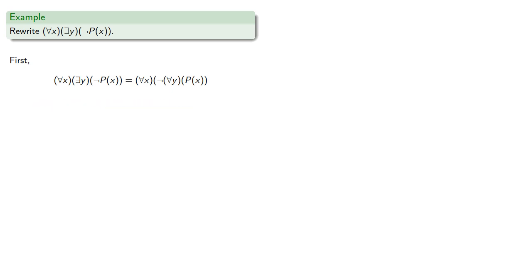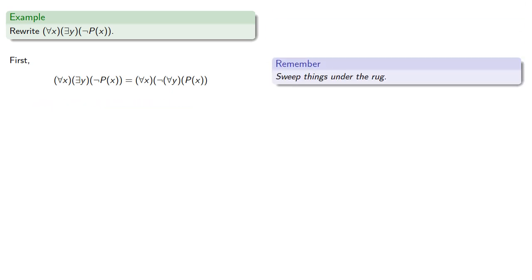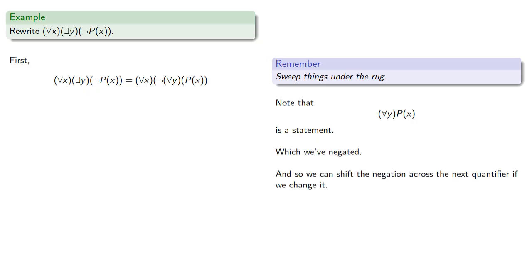But what now? Note that this term here is a statement. That's the whole point of using quantifiers, and we've negated the statement. And we know that we can shift a negation across the next quantifier if we change it. And so we'll shift that all the way to the front.